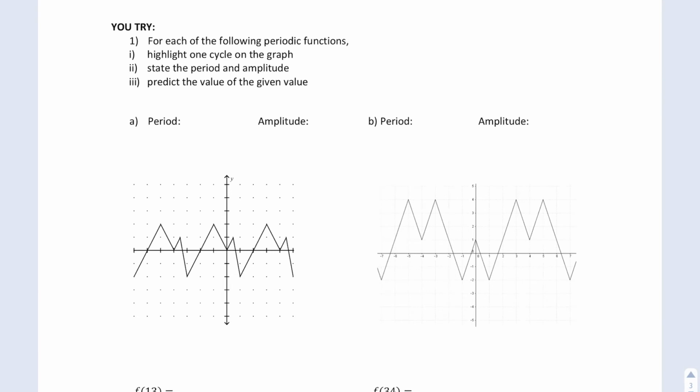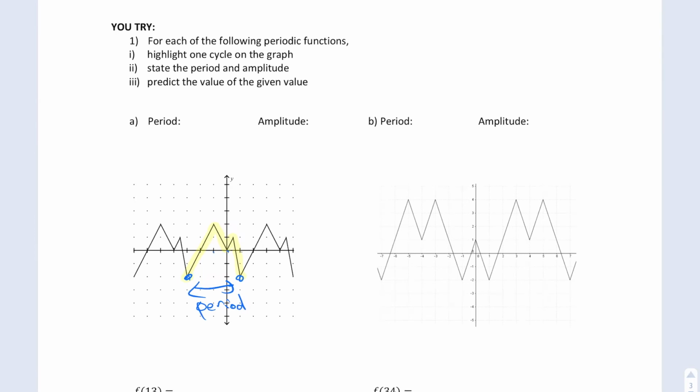So this one, first one is highlight one cycle of the graph. So I'm going to pick somewhere, I think, easy. So let's say here, and I go till I repeat. So from here to here. So that's my period. And it says state the period.